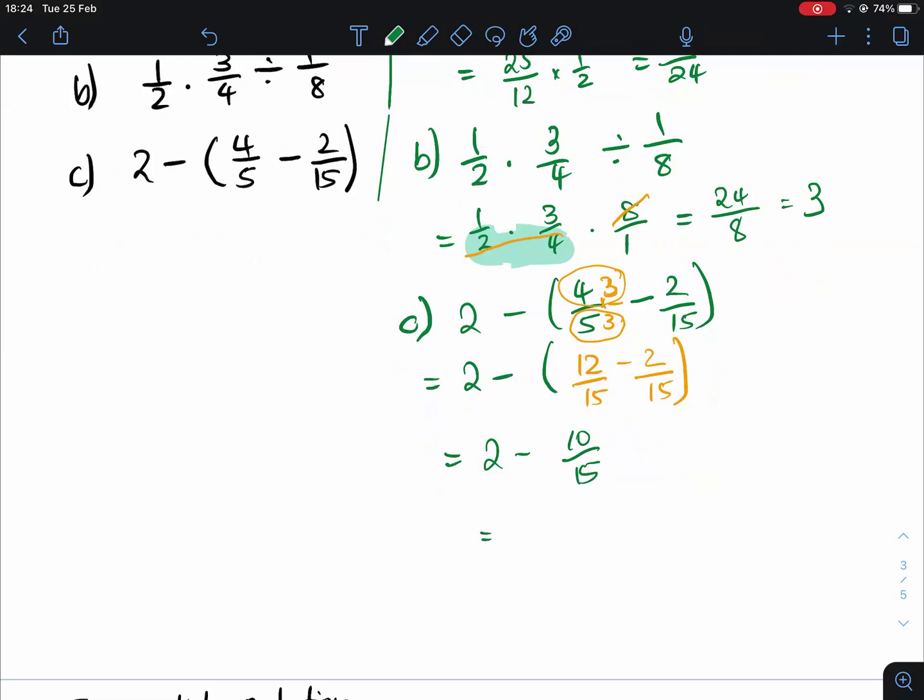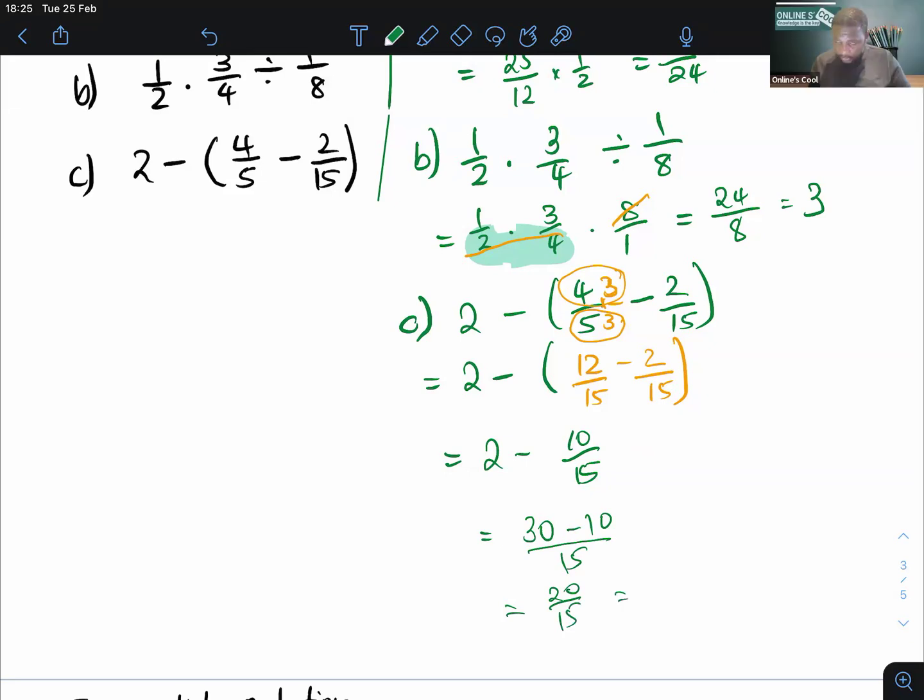Okay, let me try if it's simplified. 30 minus 10, sorry, 30 minus 10. Divide by 15. Which is 20 divided by 15.